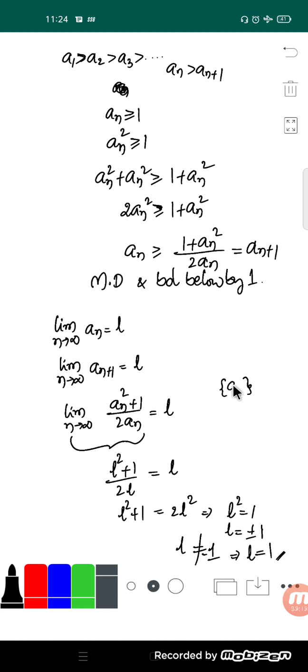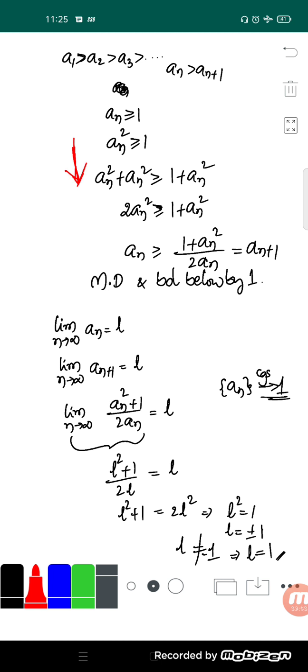So the given sequence an converges to 1. We used the monotonic convergence theorem in this sense. Suppose you are not sure in a competitive exam, if you are sure that it is convergent just by observing whether the sequence is monotonically decreasing and bounded below, you need not arrive at this proof logically or mathematically.